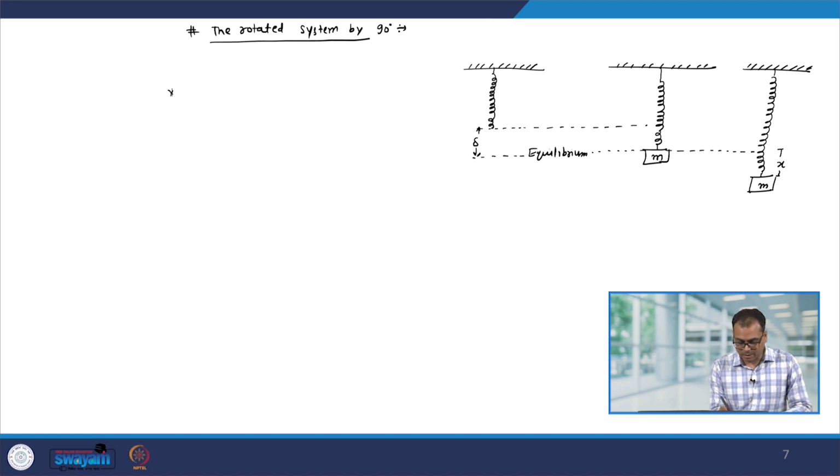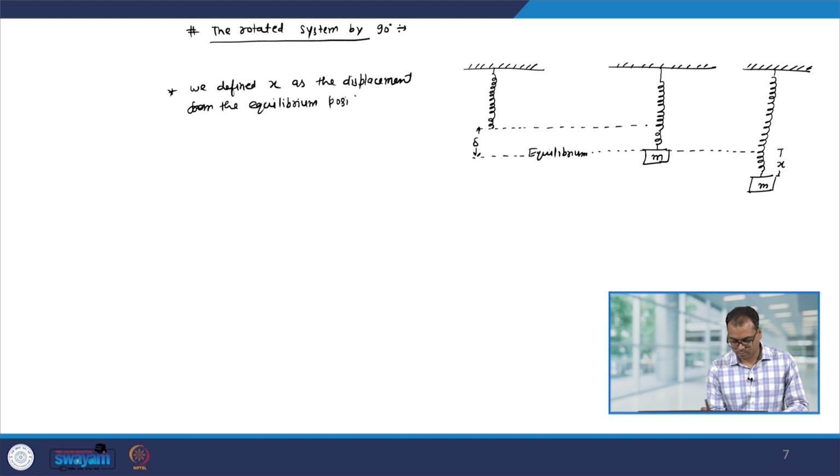Okay. So, herein we have defined x as the displacement from the equilibrium position. Now, let us look at the equation of motion of this system.